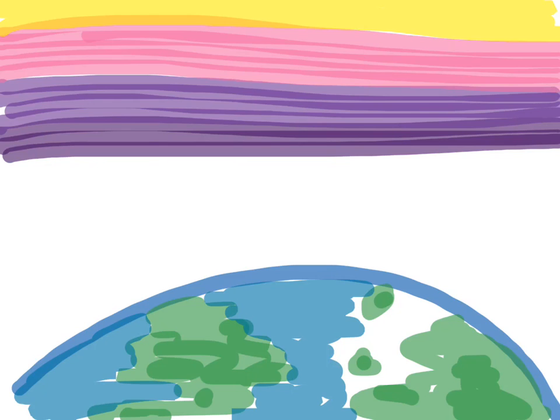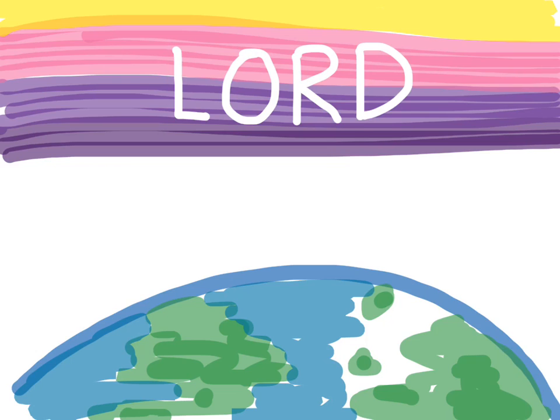Let's picture it this way. Here is the Lord, who is righteous. And then he makes our world. And he decides where everything goes. He decides where the sea and the land stop. And they're his judgments.